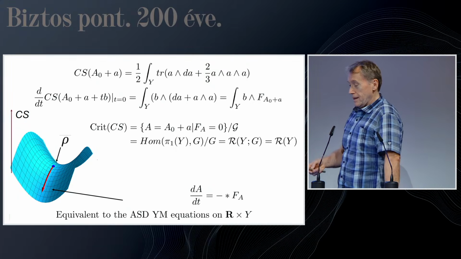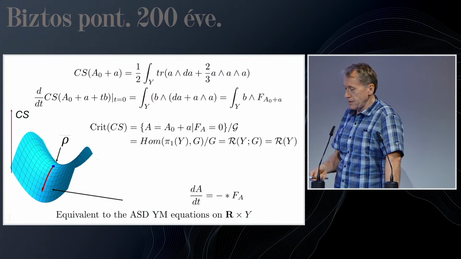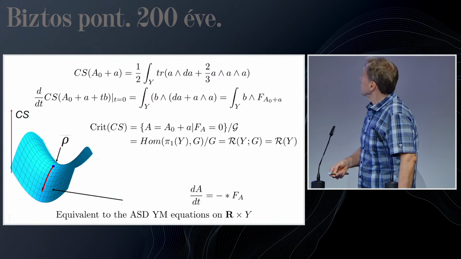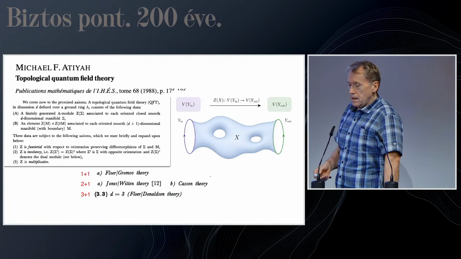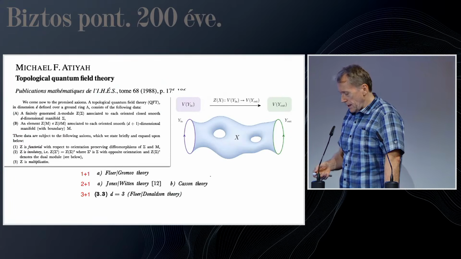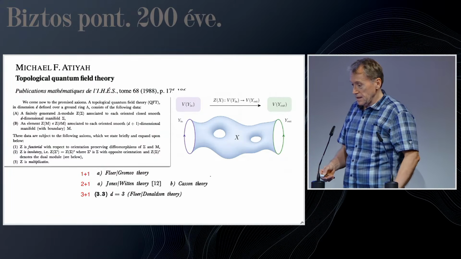Anyway, okay. Yes, so the critical points of Chern-Simons are representations of the fundamental group. Great. And so another very influential paper around that time is Atiyah's paper, Topological Quantum Field Theory.